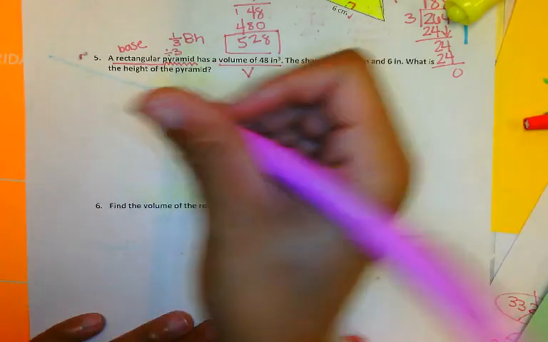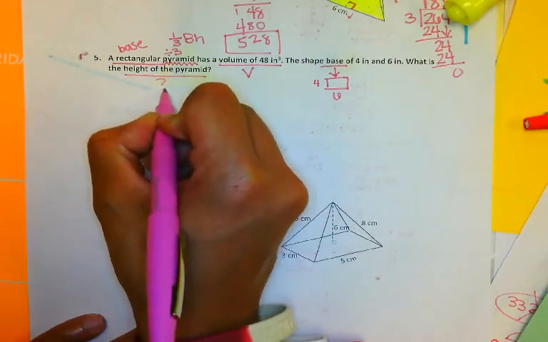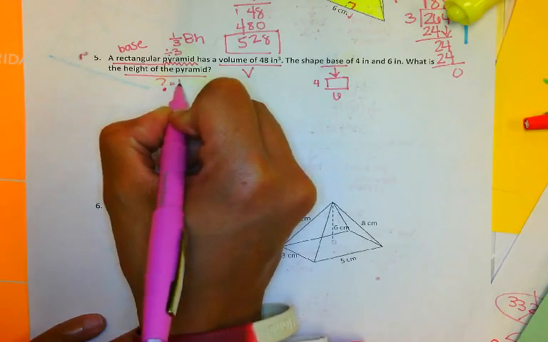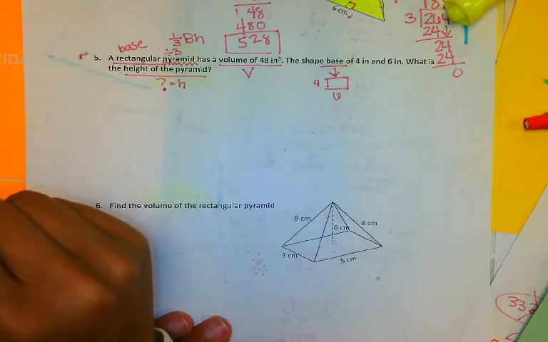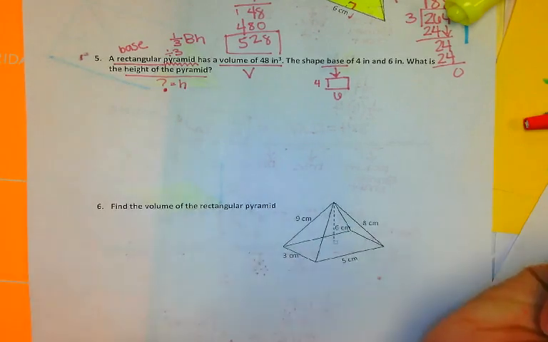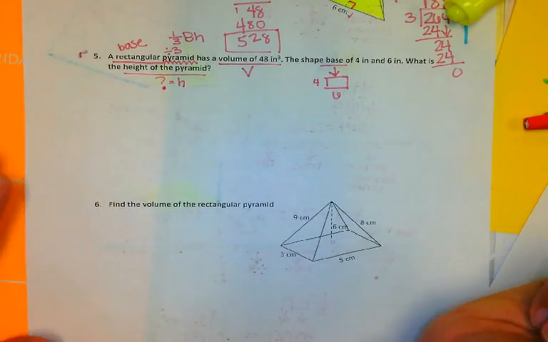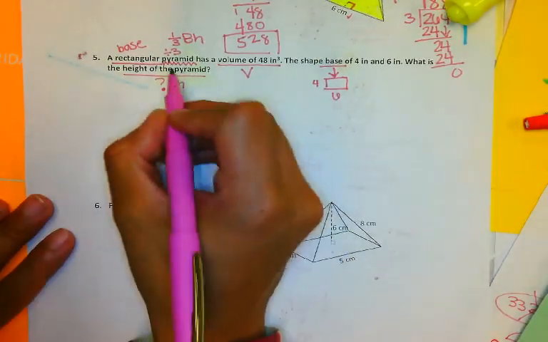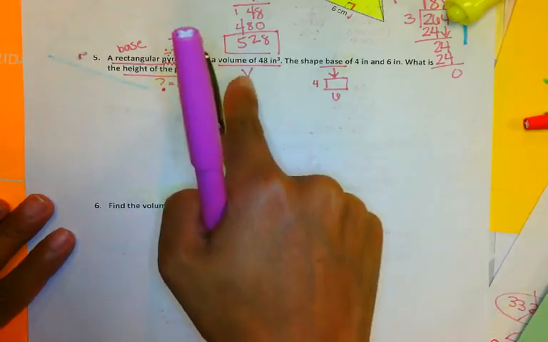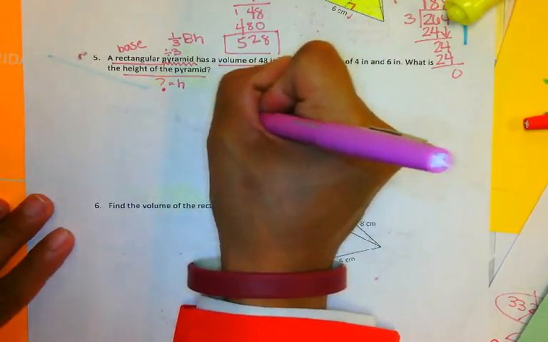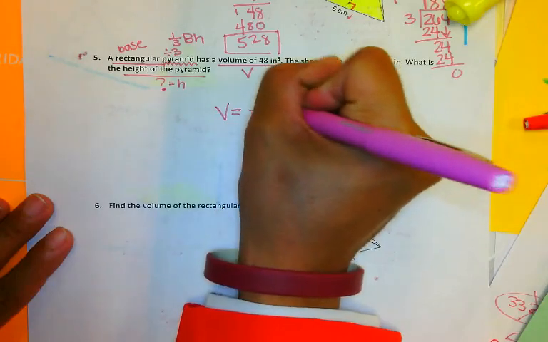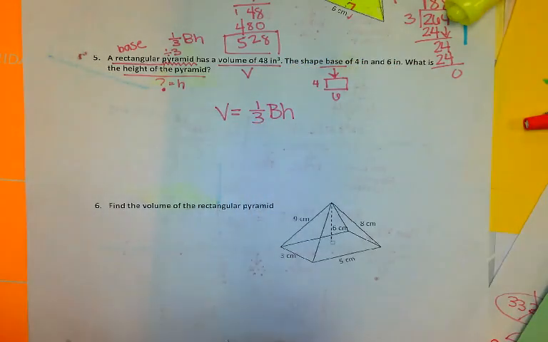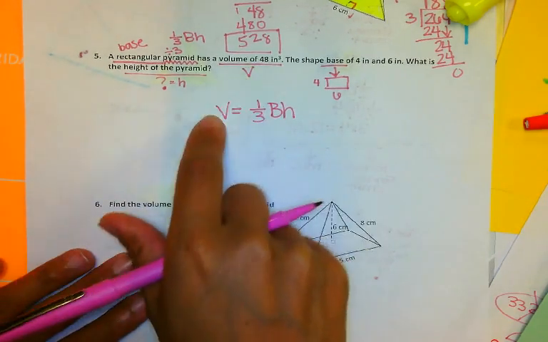What is the height of the pyramid? So this is my question. I'm looking for H. What is H? So we have a couple of things here. We're looking for a pyramid. We know that the volume of a pyramid equals 1/3 big B H. Well, they told us the volume.